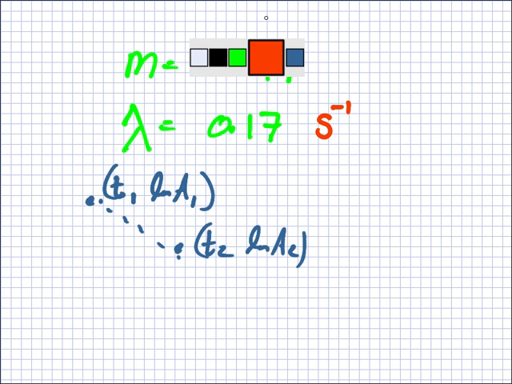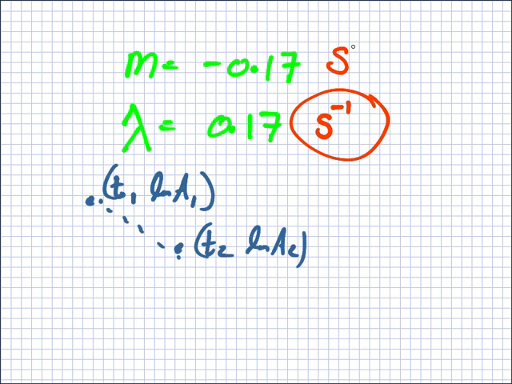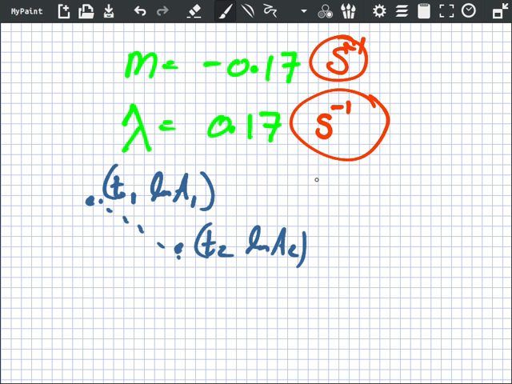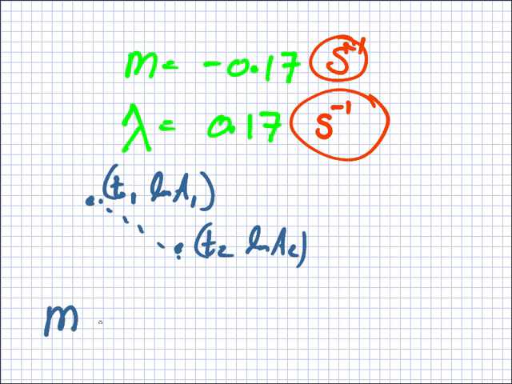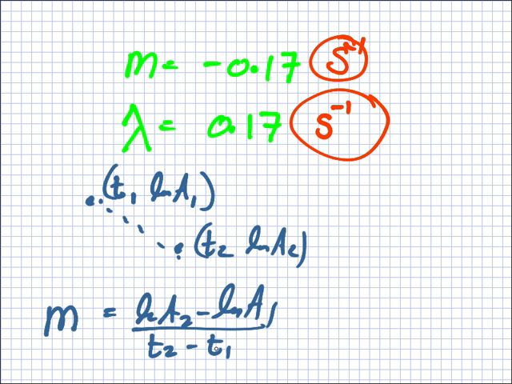So the m here is log a2 minus log a1 over t2 minus t1.